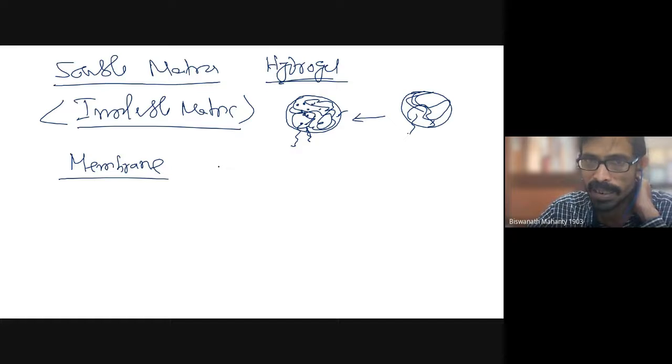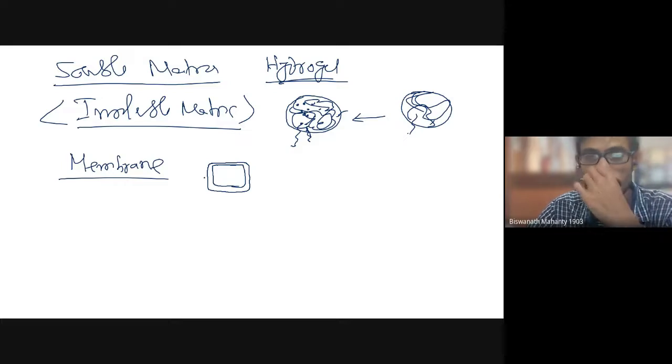Now, membrane-based approaches are of two different varieties. Formulations can be done. One is your formulation, the tablet is coated with a membrane. Otherwise, there is not much difference. So this is a membrane. And water is coming inside and it is dissolving the drug, and the soluble drug molecules can diffuse.